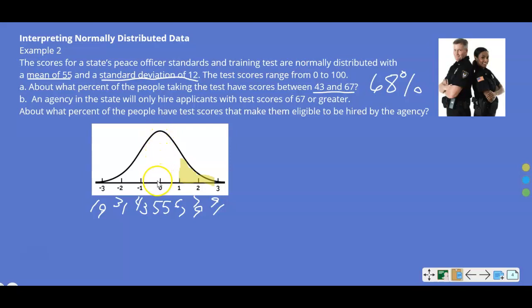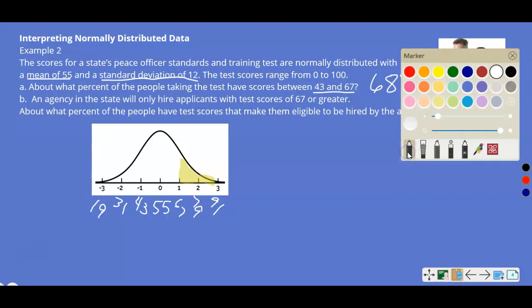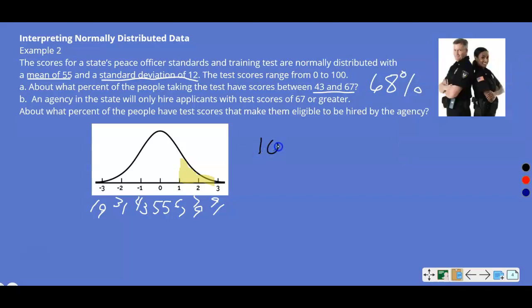All right, so we know everything below the mean would be 50%, and we know this accounts for 34%, so 50 and 34 is 84. So basically you're going to say 100 minus 84, because the whole entire data set, everything in the normal distribution curve, accounts for 99.7 plus the outliers. So you're always talking about 100% of your data minus, again, you know this part is 50%.